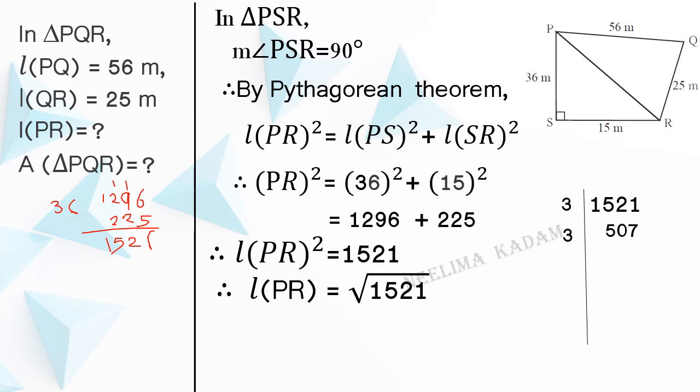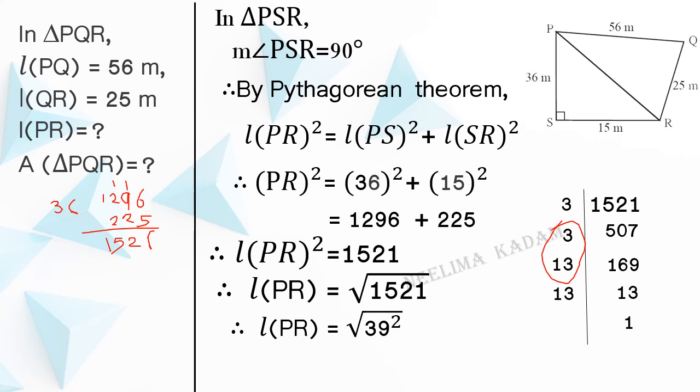Now 169 is 13 square. Therefore dividing by 13, 13 13s are 169, 13 1s are 13. So 13 into 3 and 13 into 3. So length PR is equal to 39 square, 13 3s are 39. And therefore length PR is equal to 39 meter.